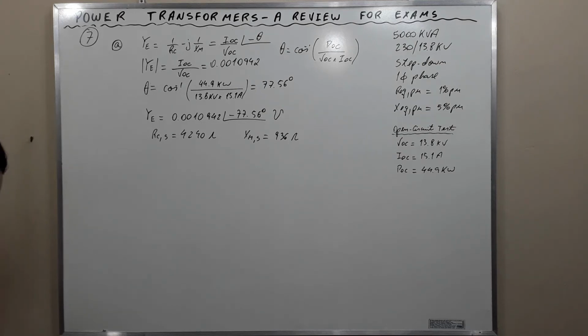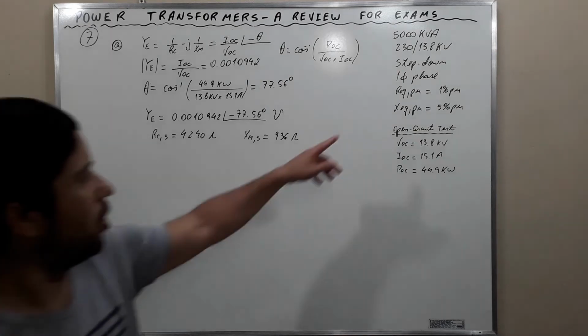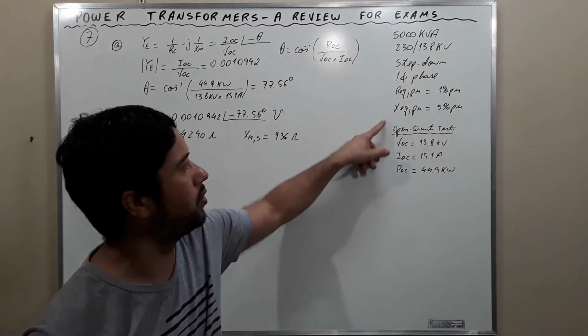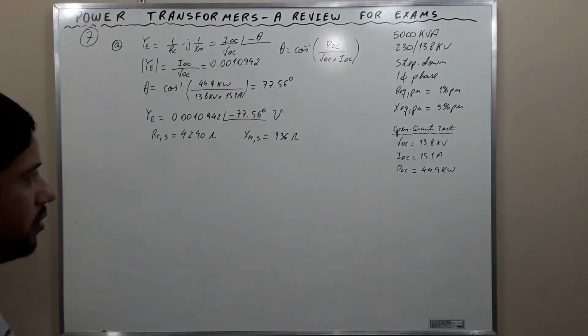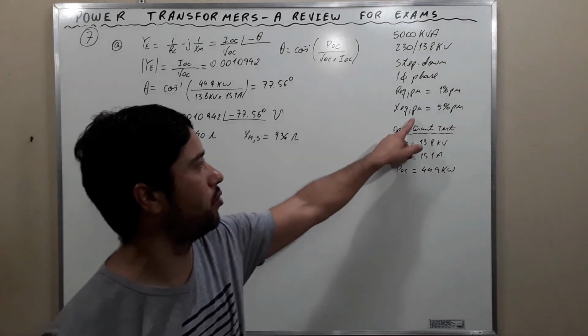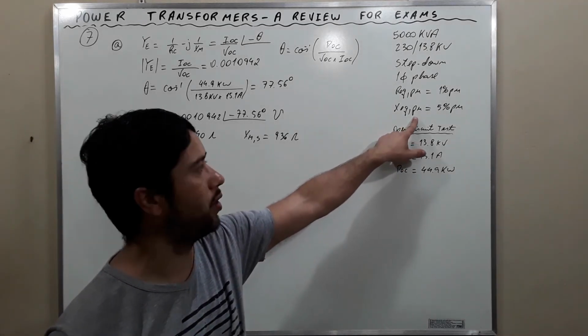Now let's calculate the values of the series components, the equivalent resistance and the equivalent reactance. Observe that the values were given in per unit.